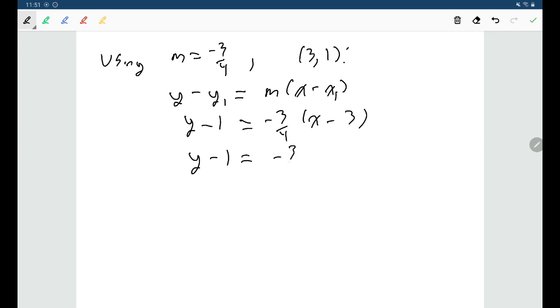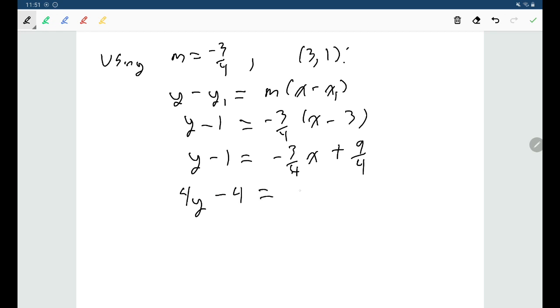Now it was asking for general form, so that means same thing as before. I'm going to need to bring x's to one side, y's to the other, and if I can clear out all the fractions, I should. So actually that's what I'll do at this stage. I'll clear out all the fractions by multiplying everybody by 4.